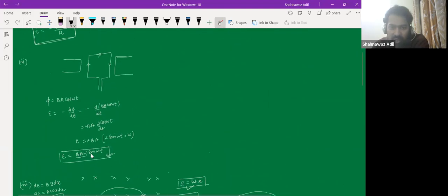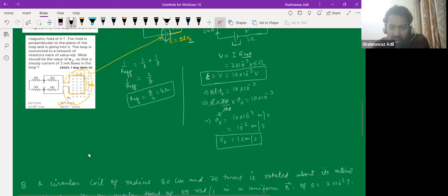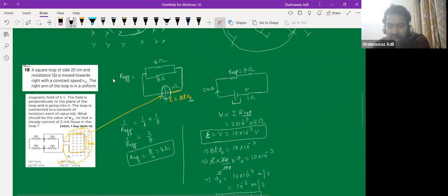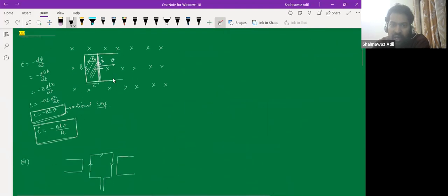BA omega. Yes, rotation. Not BLV. BLV is when we are moving only one arm.